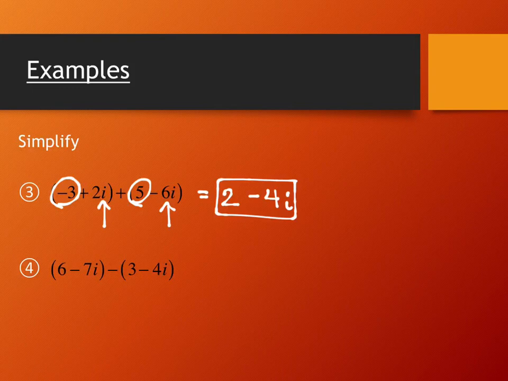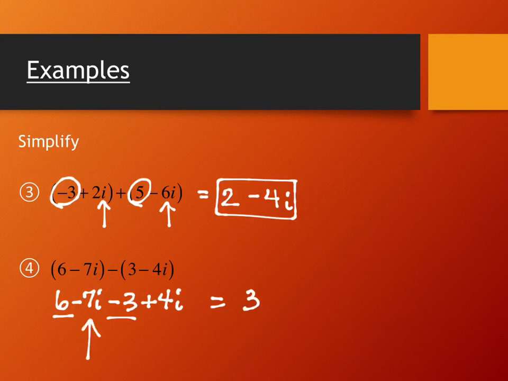Same thing happens with the subtraction. We need to distribute the subtraction through. So I have 6 minus 7i. I have -3 and +4i. And then I combine like terms again. So I have the 6 and the -3 that will combine to give me 3.